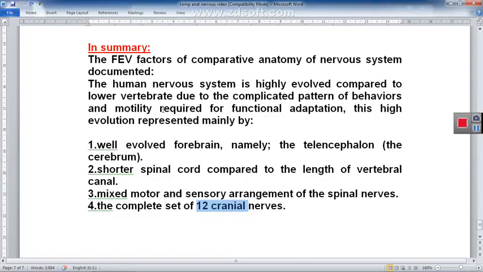And as you can see, the comparative anatomy of the human in relation to other vertebrates elaborates the good development of the human, but we have to consider that the earlier development of the nervous system is similar between the human and other vertebrates.